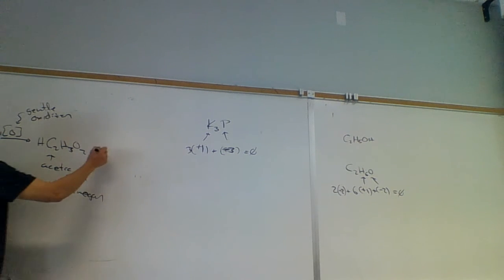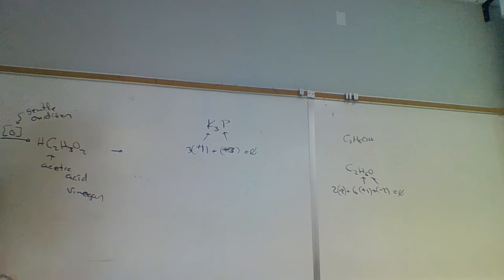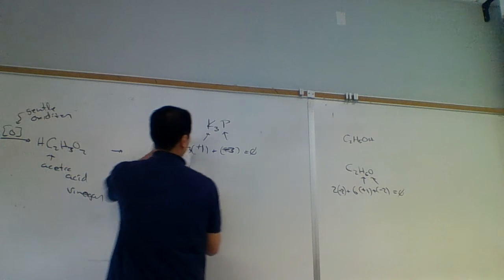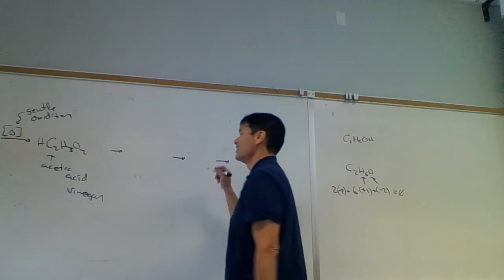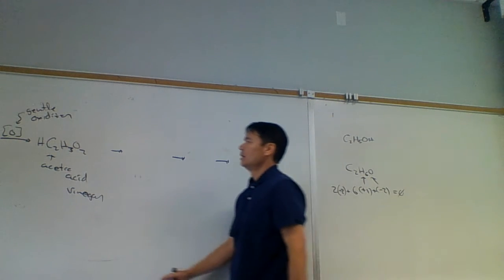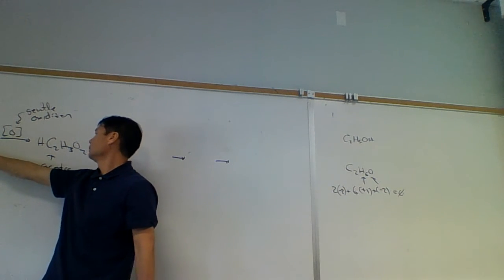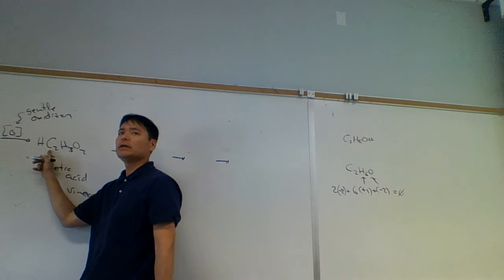In your bodies, this is what happens to ethanol. Ethanol gets oxidized in your body to acetic acid, and then it goes through a metabolic cycle. Eventually, at the end of this cycle, do you know what forms? We oxidize because it goes from -2 here to 0 here.